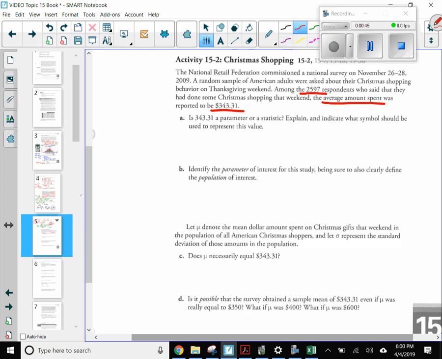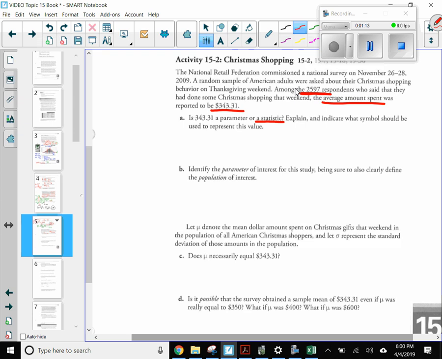Is 343.31 a parameter or a statistic? Well, I'm thinking that 343.31 is a statistic because it comes from the sample of 2,597. It's not the average of all American adults. So it's a statistic, and it's the average amount spent.